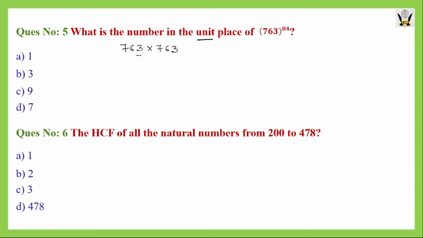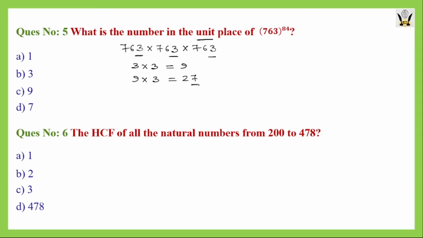So at the units place we have 3 and 3. If we multiply 3 and 3, the result will be 9. Now if we multiply by another 763, in this product at the units place we have 9, and with the unit digit 3 it will be 27.